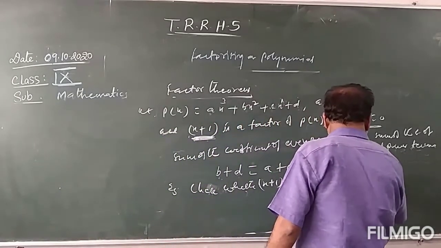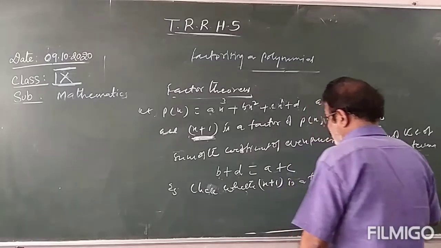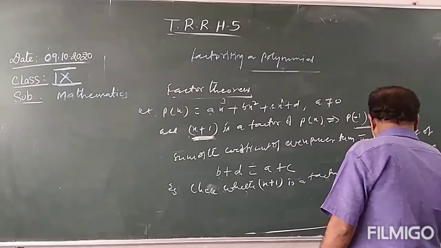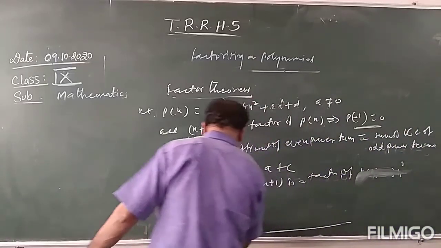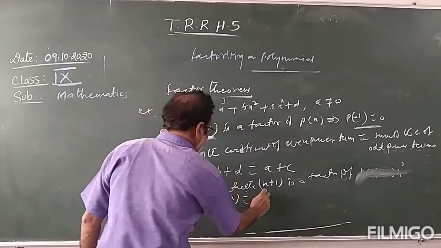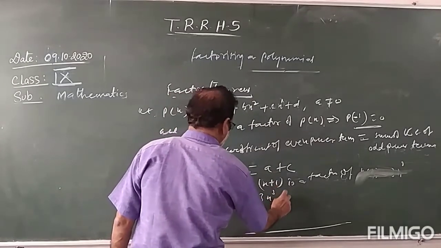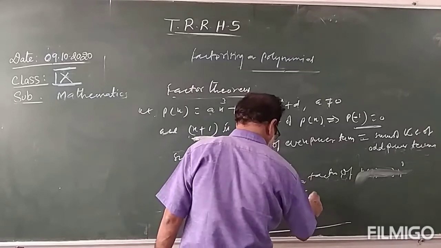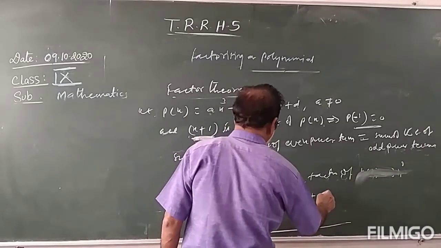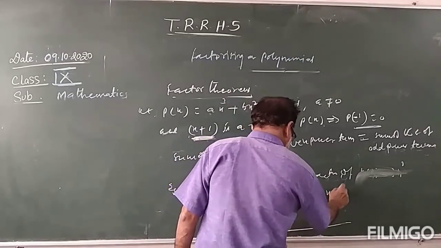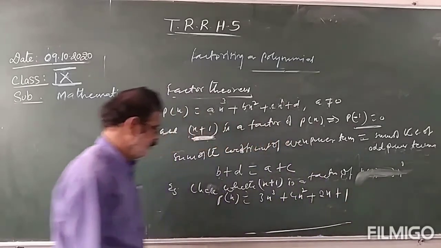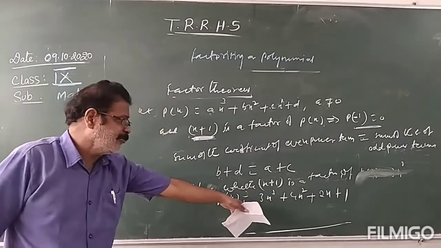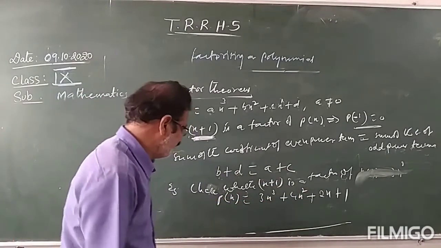Check whether x plus 1 is a factor of p of x equal to 3x cube plus 4x square plus 2x plus 1.